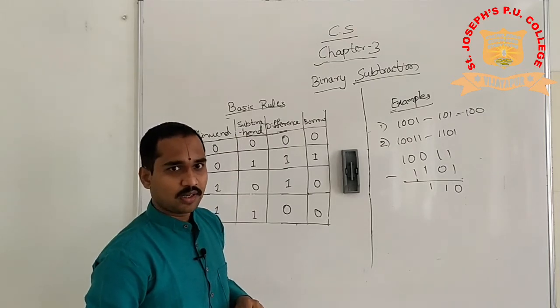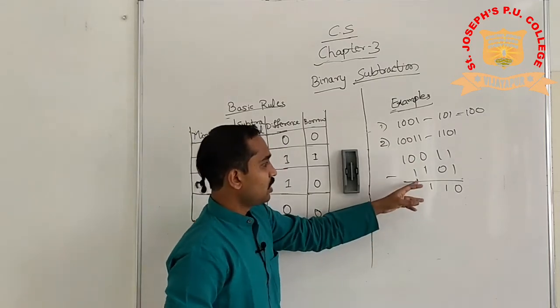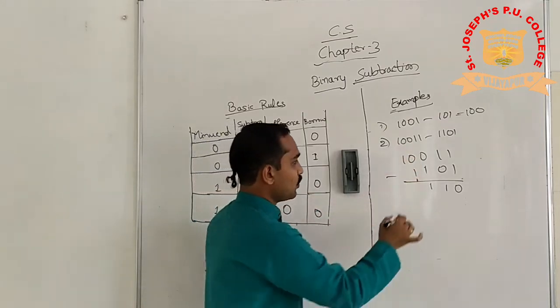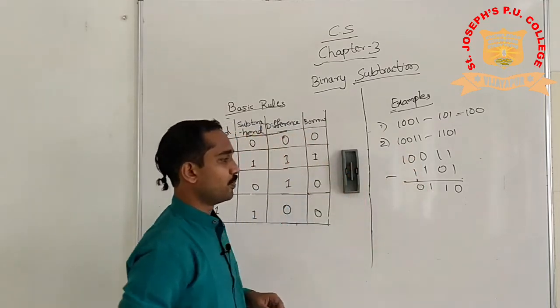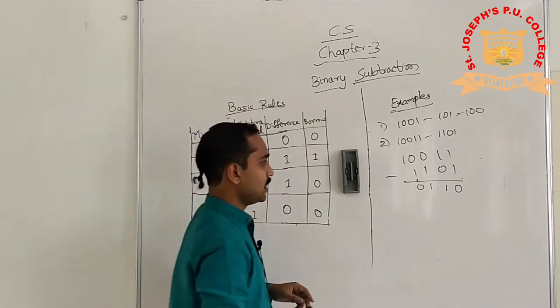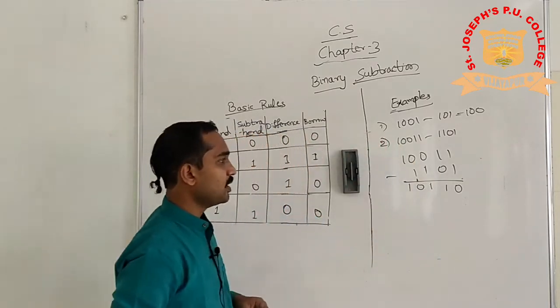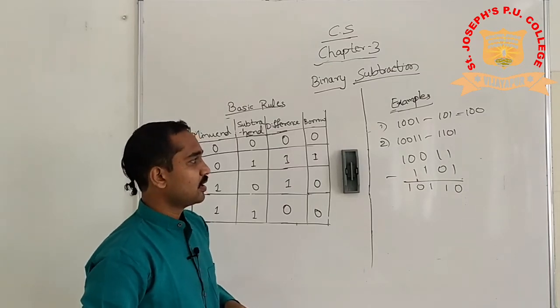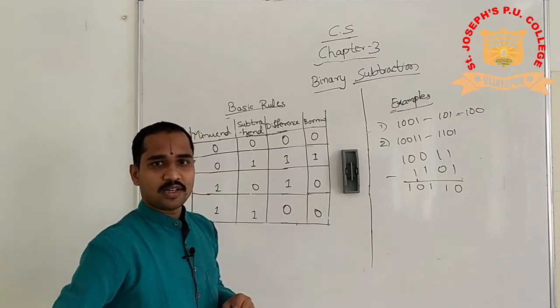Then what? Here already 1 is there. So 1 minus 1 is 0, and 1 you are writing as it is. Can you say whether it is correct or not?